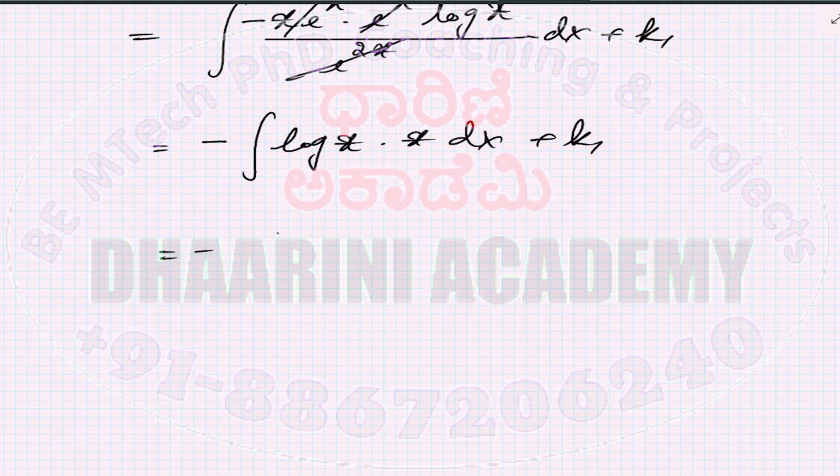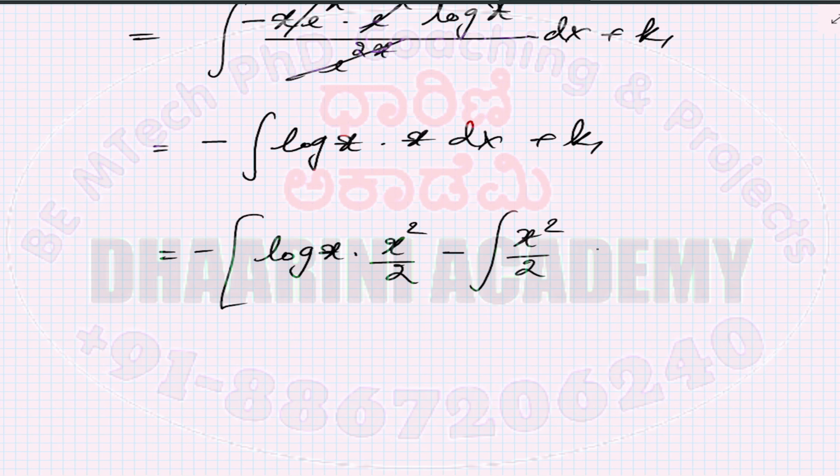So that is equal to minus, keep the first function as it is, that is log x, integrate the second one, that is x square by 2, minus integral of this function x square by 2 into differentiation of log x is 1 by x, into dx. This is my integration, plus there is a k1. So this and this will cancel.